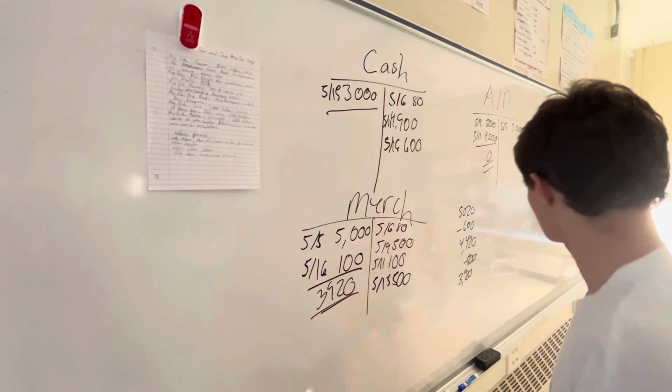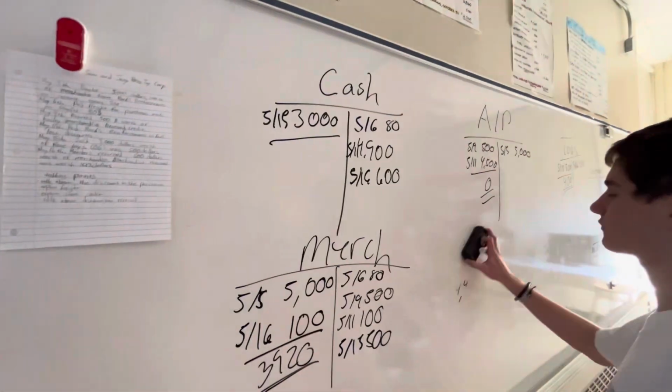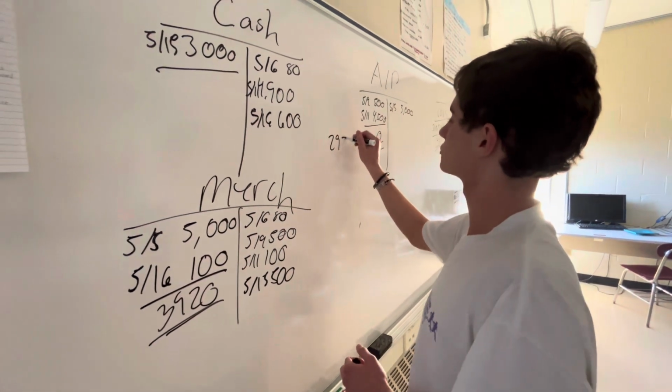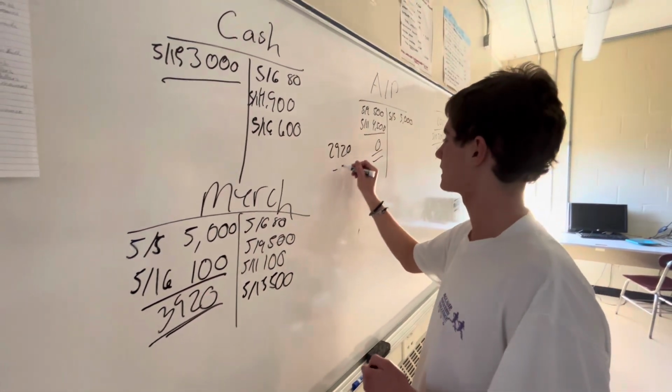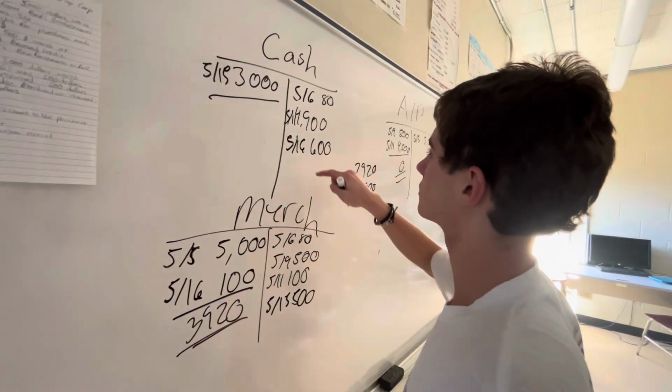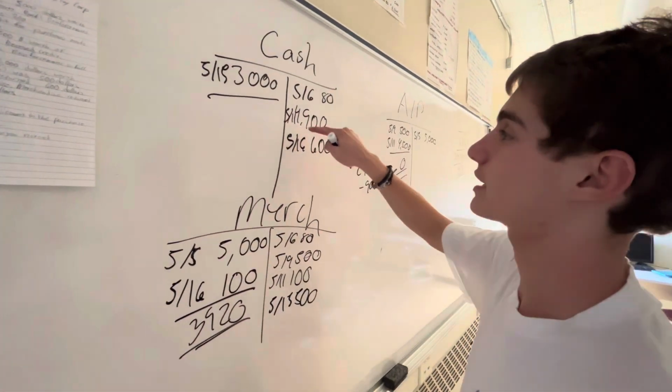And then for the cash, let's do this real fast. We had 3,000 minus 80, 2,920, minus 900. That's a 900, right? Yes. Or is that a 4,000? No, that's 4,900.